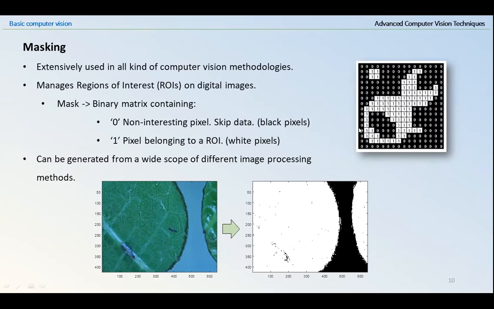And this mask can be the result of any kind of computer vision process, for example, a process that detects skin or detects leaf tissue. It will return a mask in which the ones are the leaf surface and the zeros are the rest of the image, so we are not interested in that.